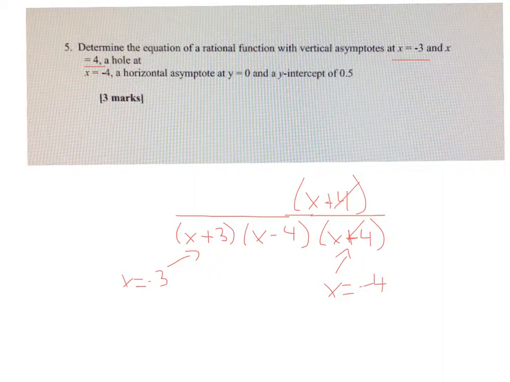Now, with a horizontal asymptote at y equals 0, your horizontal asymptote comes from having a constant on the top and a variable in the denominator. Something like, for instance, 1 over x would have a horizontal asymptote at y equals 0.